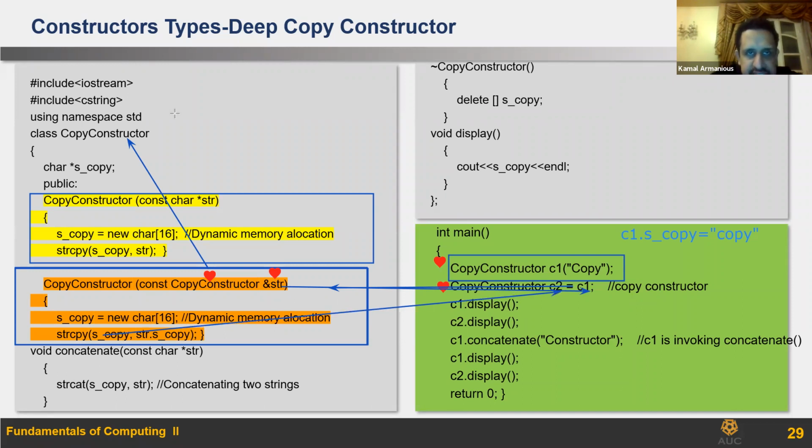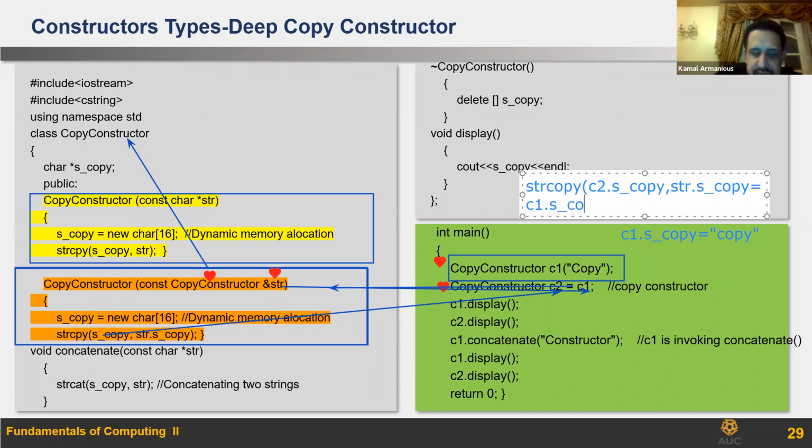So this statement is equivalent to C2 dot s underscore copy and then str dot s underscore copy, which is equal to C1 dot s underscore copy.